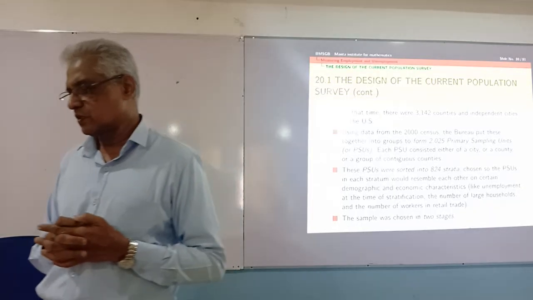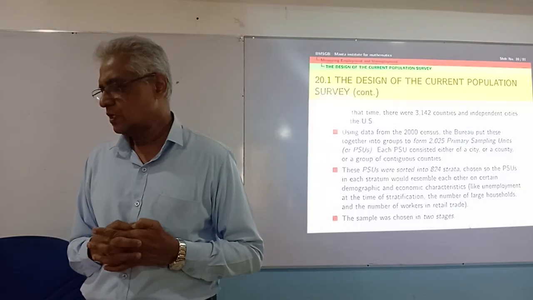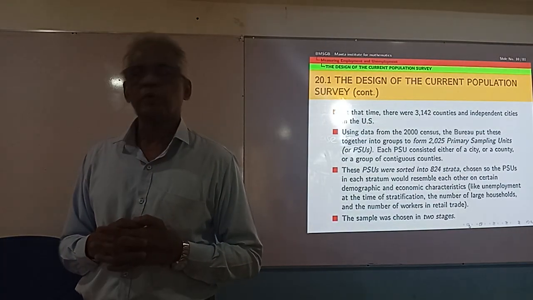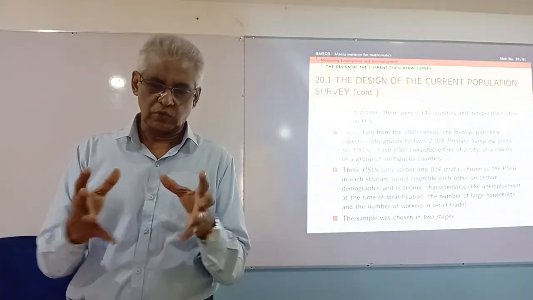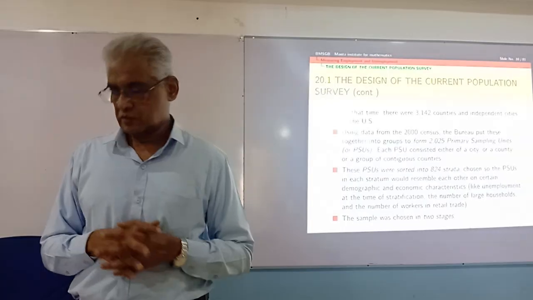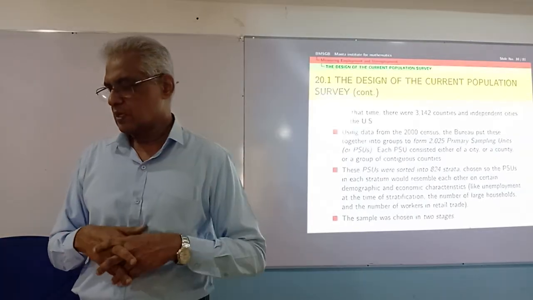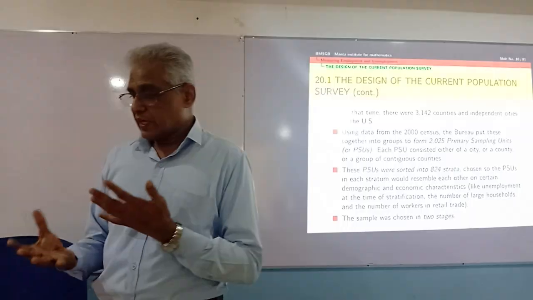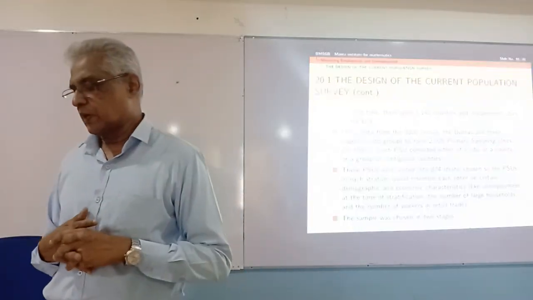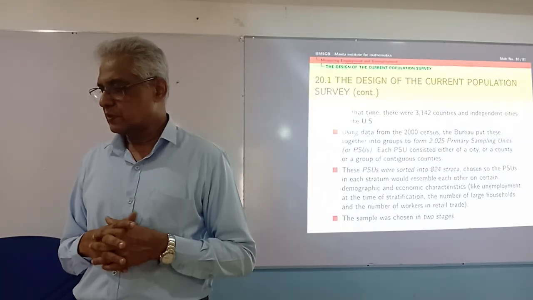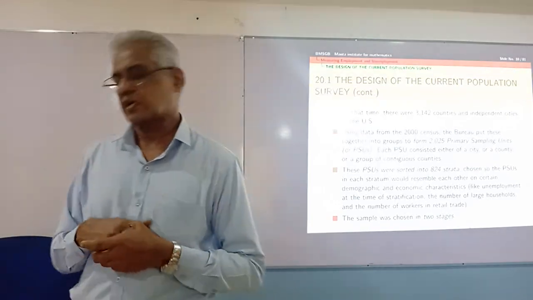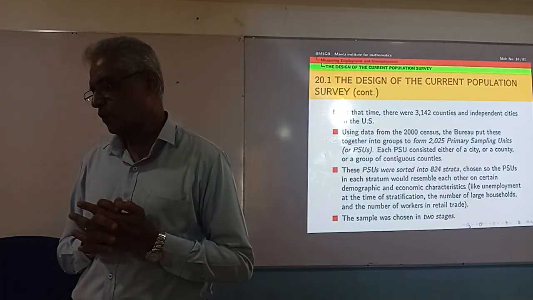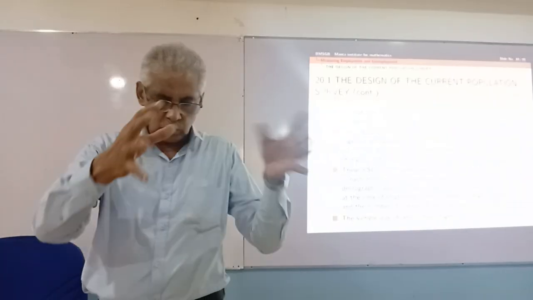Each PSU consisted either of a city or a county or a group of close by, contiguous counties. After that, these primary sampling units were sorted into an even smaller number of strata, 824 strata.